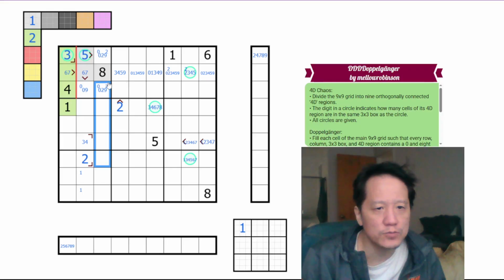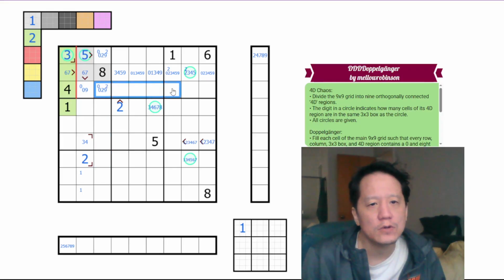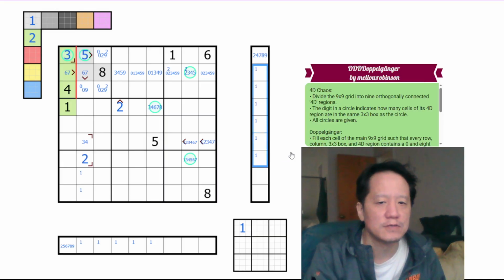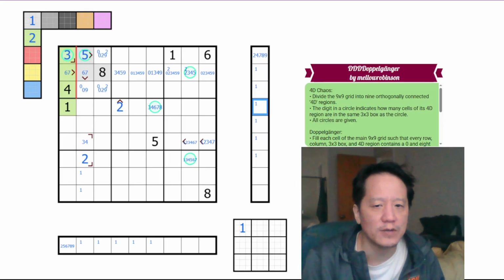Which means we could have the 1 missing in rows 1 through 7. Cannot be 1 or 7 though, so 1 has to be missing in one of those 5 columns. And same with up to row 7. But obviously this can't be missing a 1 because of the 1 in the row already. Interesting.